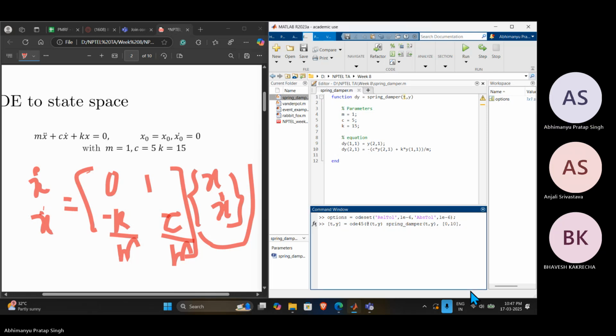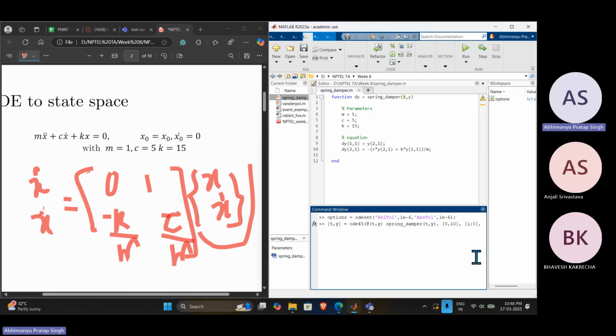Then the next one is the initial condition. The initial condition given to us is x0: in MATLAB we can take some constant over here, and the velocity is 0, right? So velocity is the second term in the vector, and the position is the first one. So I will input, suppose, 1, and velocity as 0.